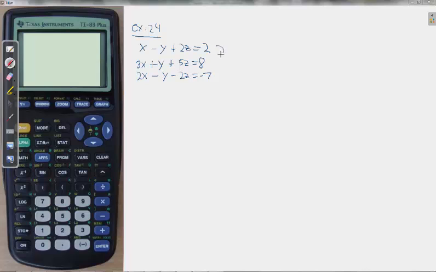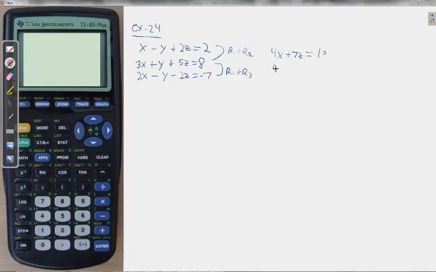So I could say add R1, row 1 plus row 2 here, and I get 4x plus 7z equals 10. I canceled out the y, and I could also do R2 plus R3, row 2 plus row 3.